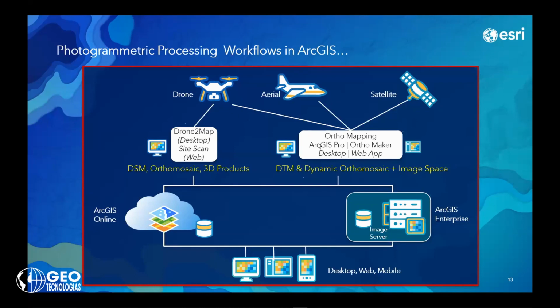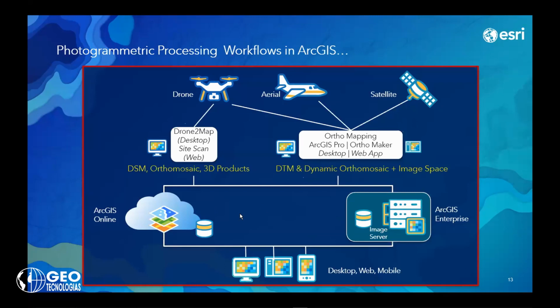So depending on which data you're processing and which tools you're using, you're going to generate a set of products. And those products can be served directly in ArcGIS Online by publishing them to your organizational catalog, or they can be served through Portal for ArcGIS, in ArcGIS Enterprise. So this is in the Esri cloud, and this is in the organization's cloud footprint or portal.